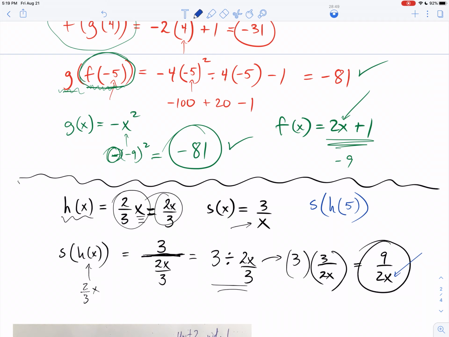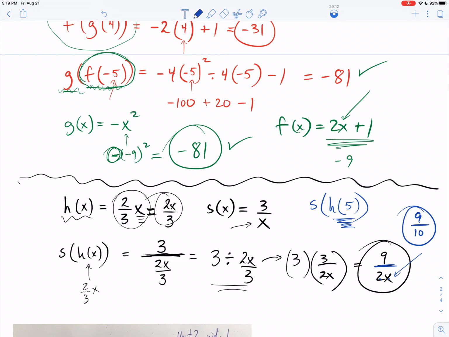I have a choice. I could plug 5 into H, and then take that answer and put it into S. Or I could just put a 5 right there, and that's the same as 9 divided by 2 times 5. My answer is 9/10. Bam, done, finished.